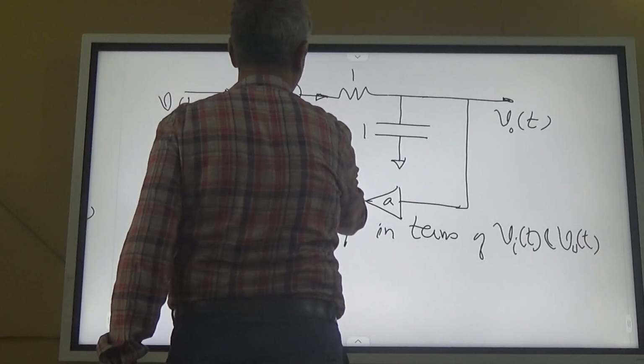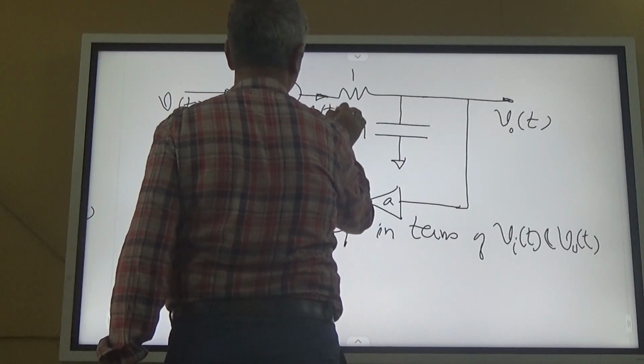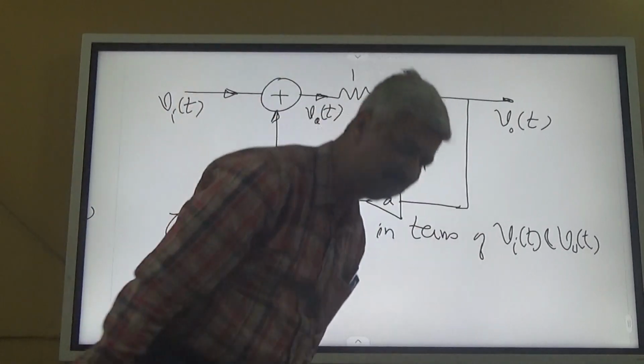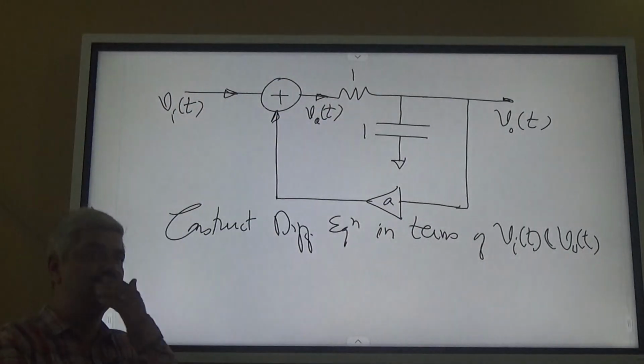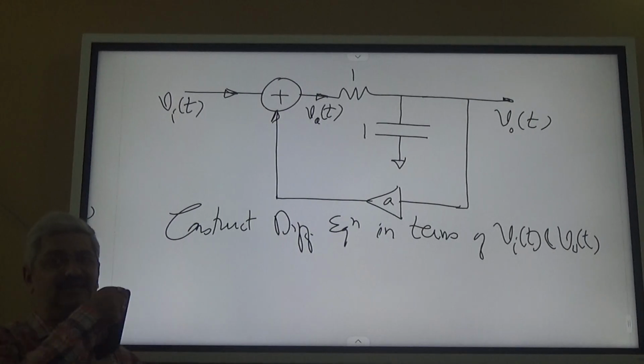Let this be Va(t). And if you know some things, then you should be able to construct the differential equation very quickly.